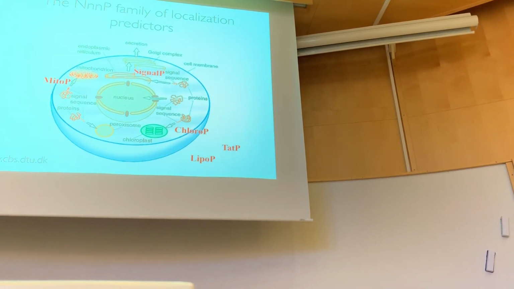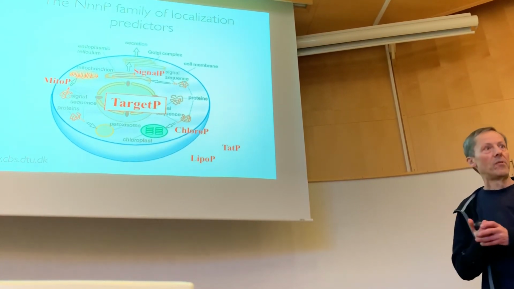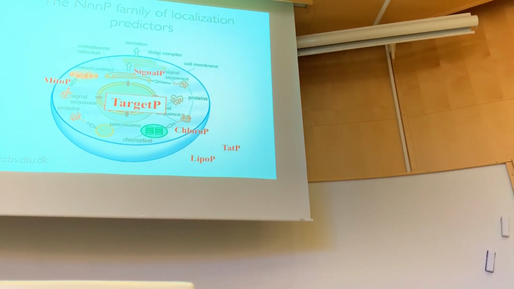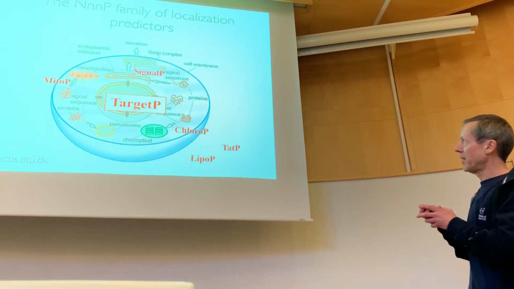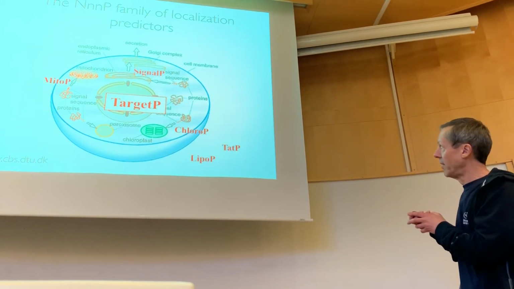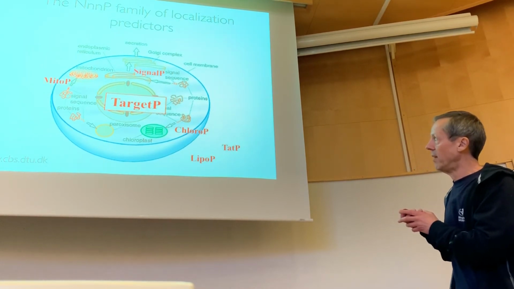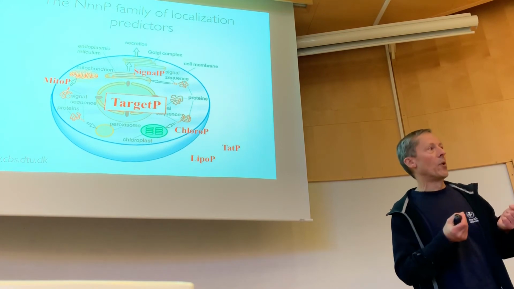One is, again, from the same people in Denmark and here in Stockholm, called TargetP. So TargetP is basically a collection of networks, each one predicting one type of targeting event, but then weighed together so that, given all the individual predictions for mitochondria, for ER, for chloroplast, actually, yeah, chloroplast is in there as well, which is the most likely one?